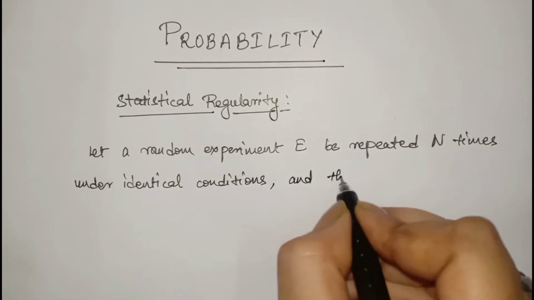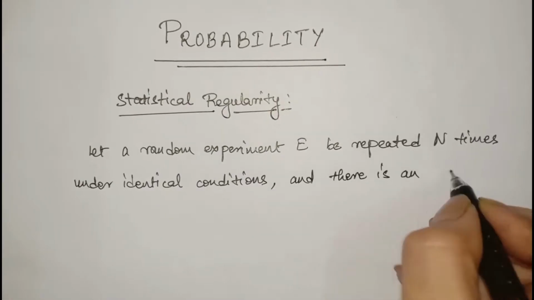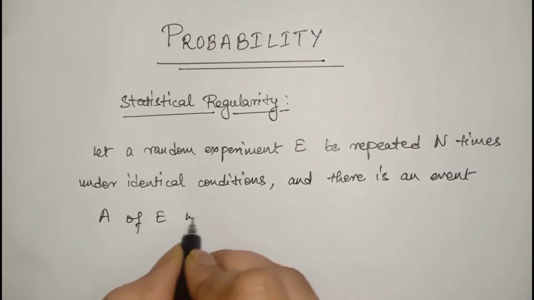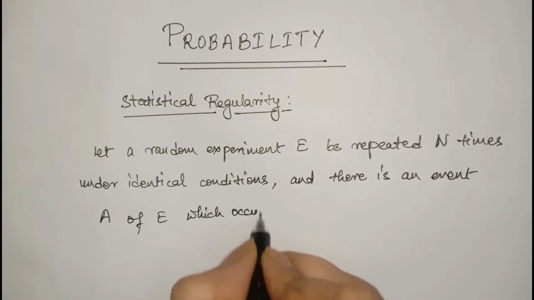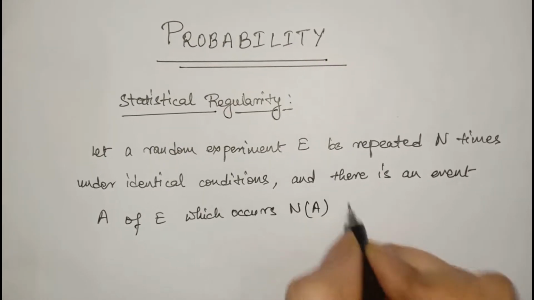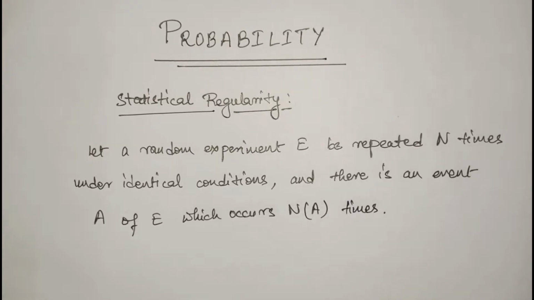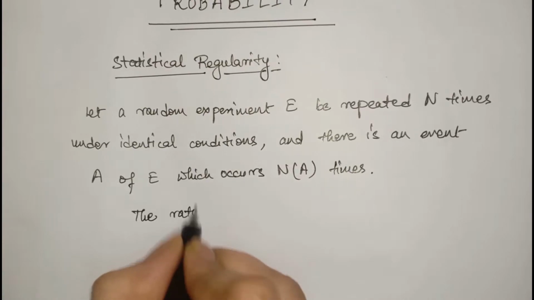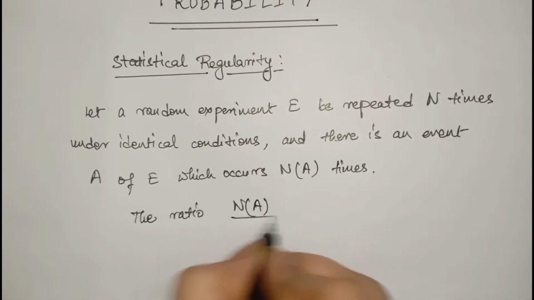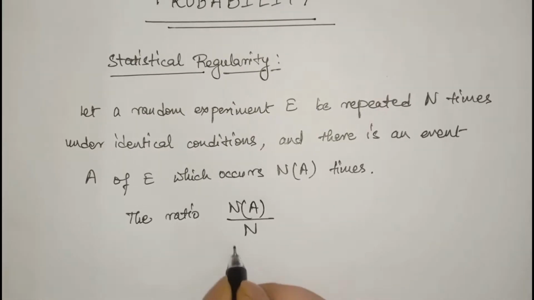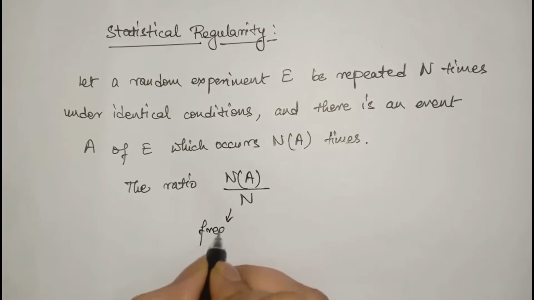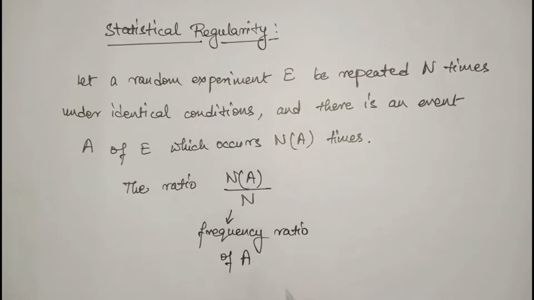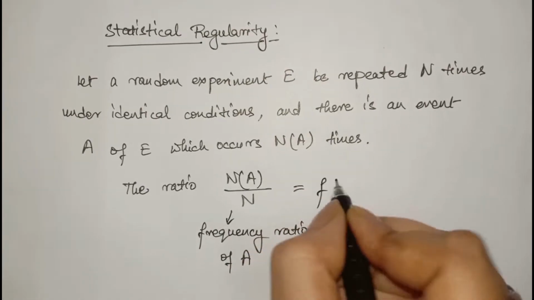And there is an event A of E which occurs NA times. So, the ratio NA by N is the frequency ratio of A and is denoted by FA.